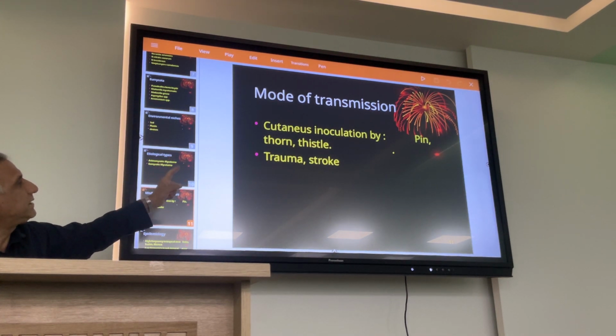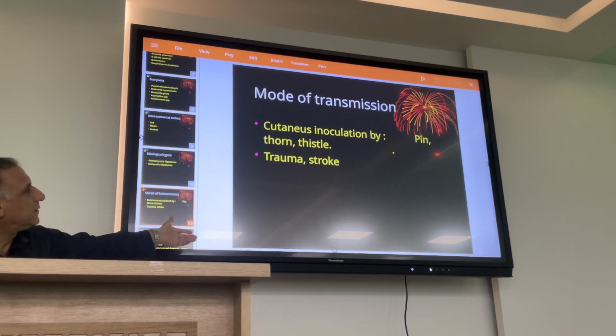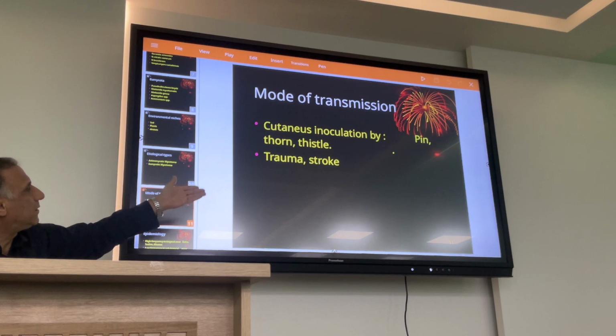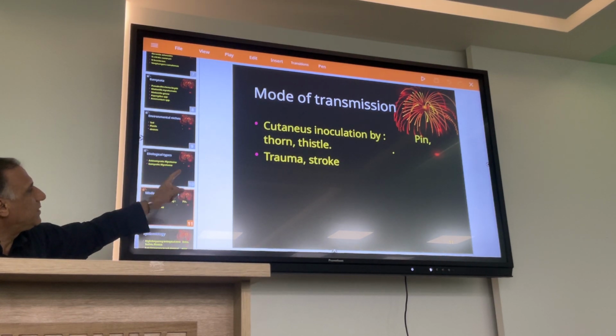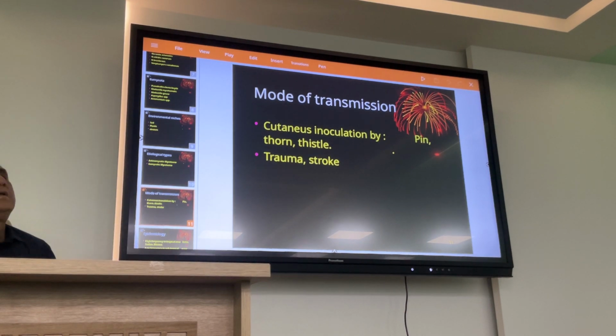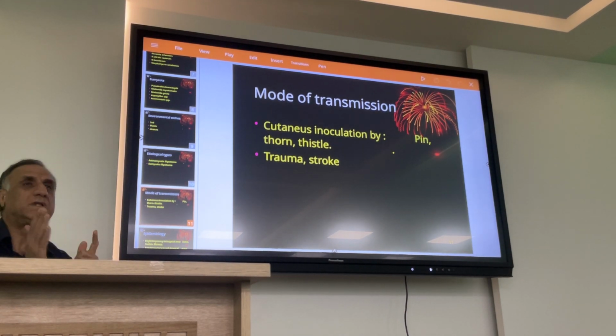Therefore, we need trauma and cutaneous inoculation by any device like a pin, thorn, or thistle. In each condition, we need trauma, injury, a wound in the skin.